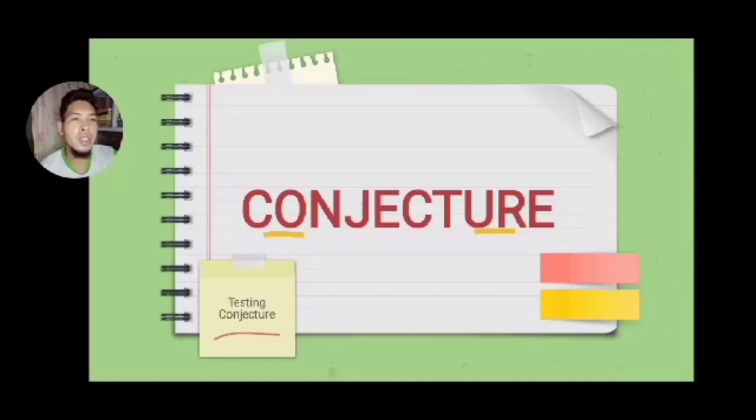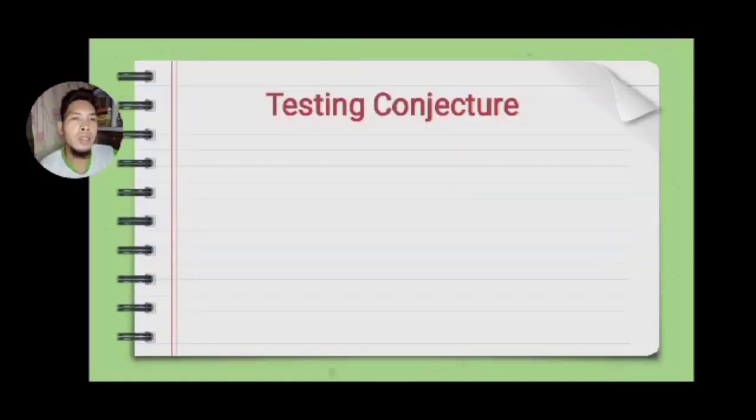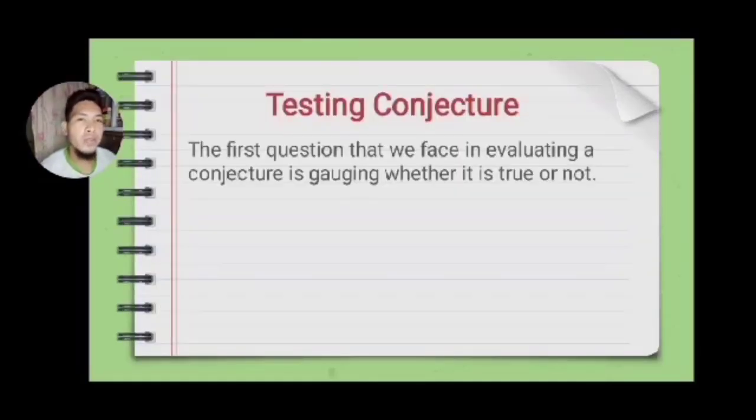So, what is testing a conjecture? The first question that we face in evaluating a conjecture is gauging whether it is true or not. As we heard from the previous reporter, conjectures are unproven claims. So from the word testing, we are going to test these unproven claims to see if they are true or not.